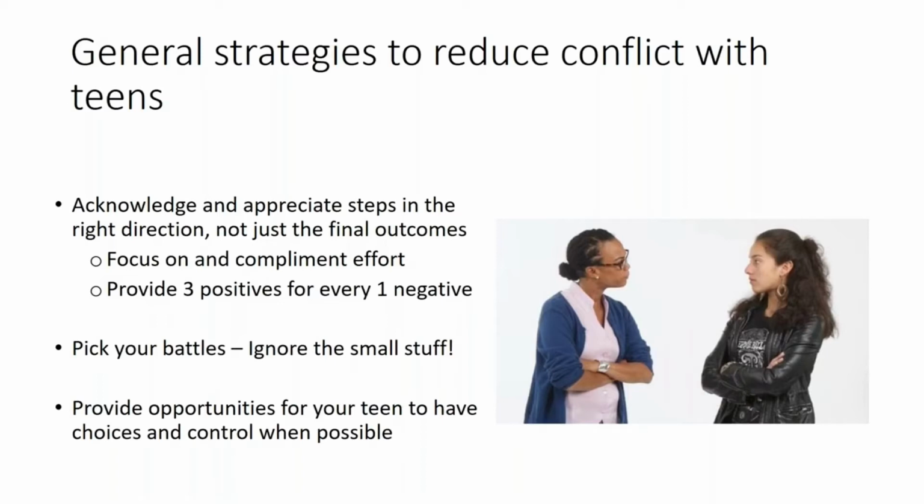An example of this would be, if your child has 10 missed assignments, rather than only reinforcing when they have completed all of those late assignments for partial credit, or maybe because of a 504 plan, they're able to turn them in late still for full credit, you want to be providing reinforcement of, I know this was a lot. I'm so proud of you for getting those first couple done. Let's keep talking through ways to help you get these done, because I know it can feel overwhelming when you have gotten behind. So you really want to focus on and compliment your teen's efforts rather than the outcome.